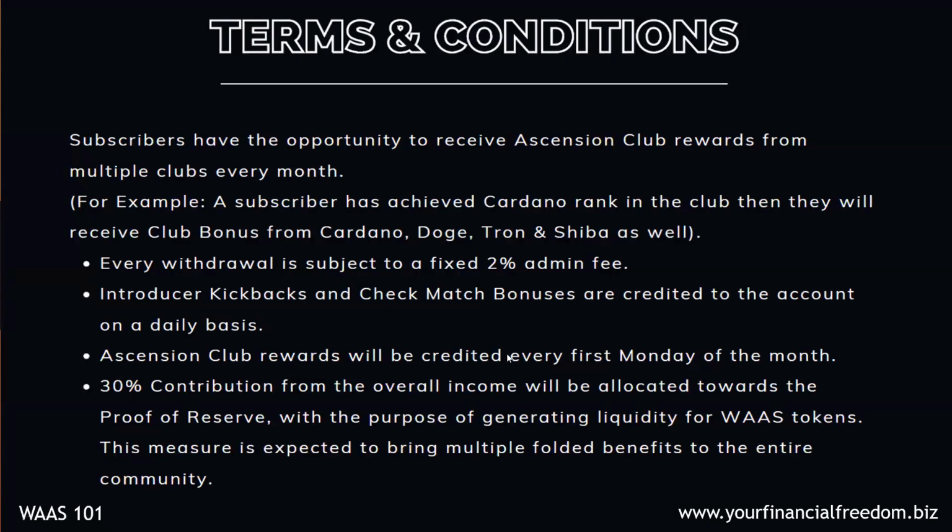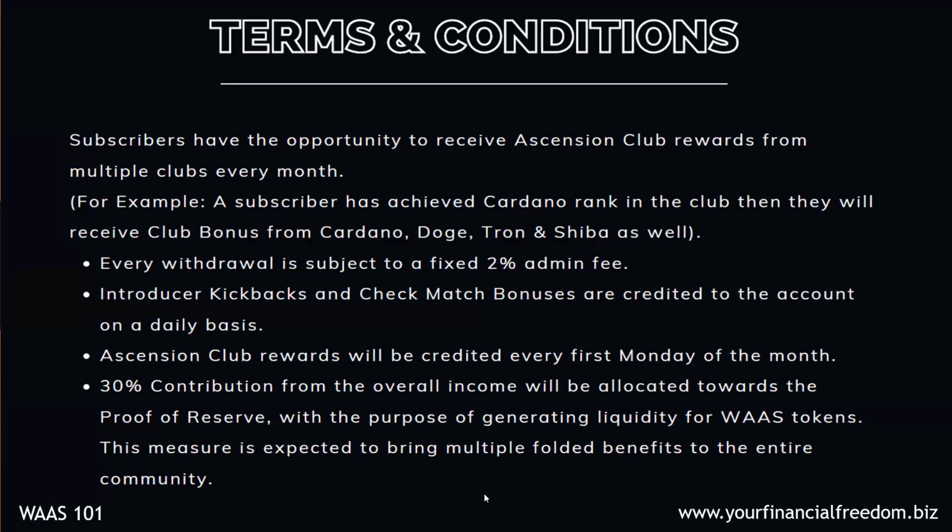Now, terms and conditions. Like before, I said, I don't like to call them terms and conditions. I more like to call it guidelines because it just gives you some information guiding you throughout the project. Subscribers have the opportunity to receive Ascension Club rewards from multiple clubs every month.